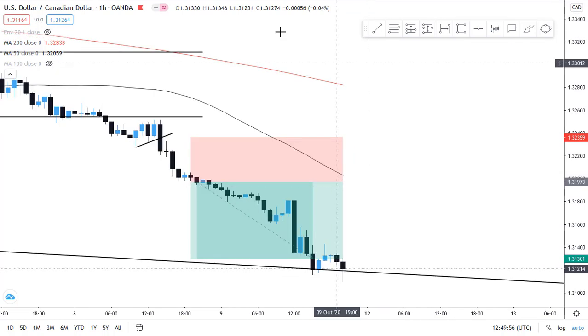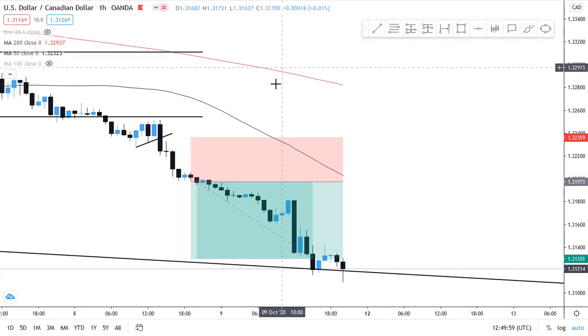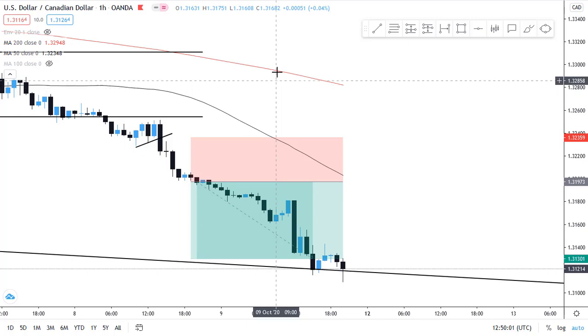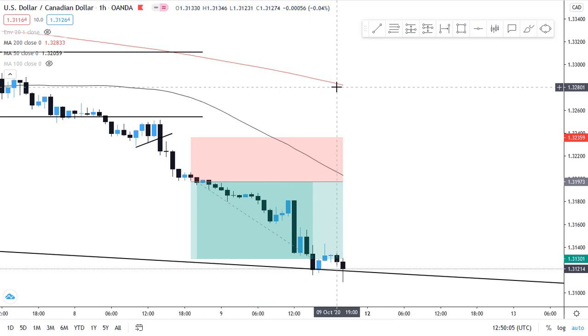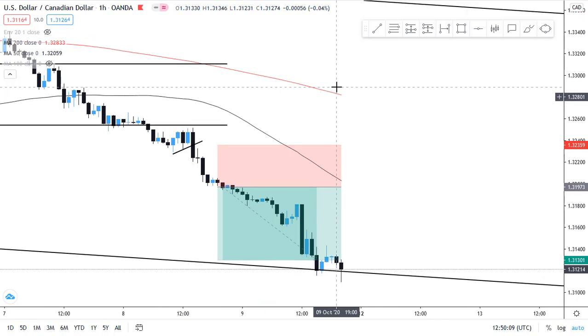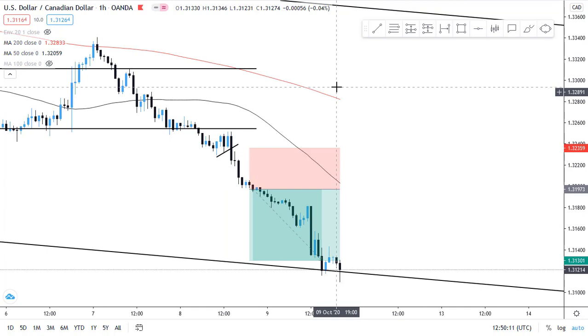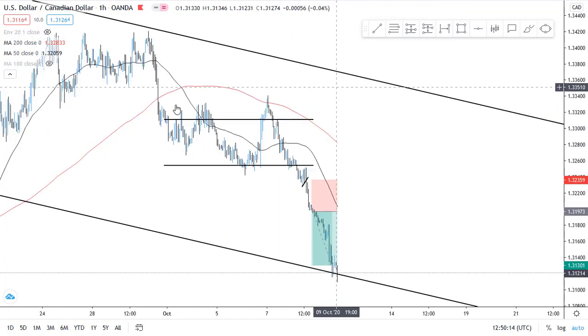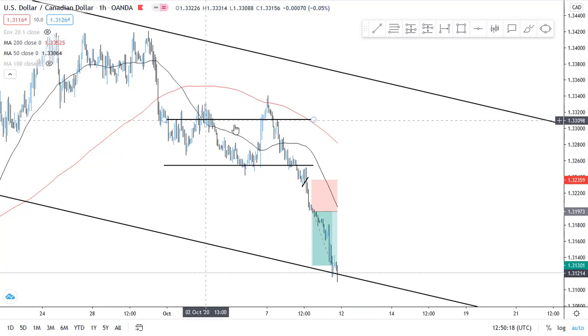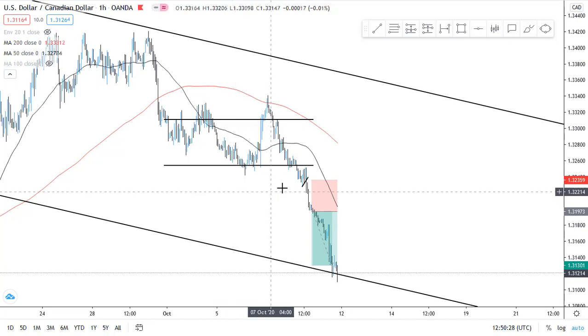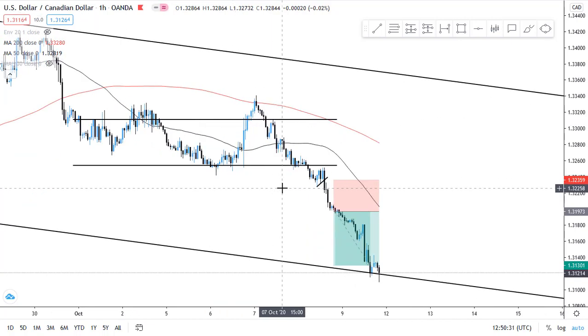So as you can see here, the 200 MA is above the 50 MA, which is a confirmation that the momentum of the downside is confirmed, that the market is currently moving to the downside. I'm sure we all know that if the 50 MA is below the 200 MA, it means a downtrend, and if the 50 MA is above the 200 MA, it means an uptrend. So that was one of my confirmations I had to take into account.